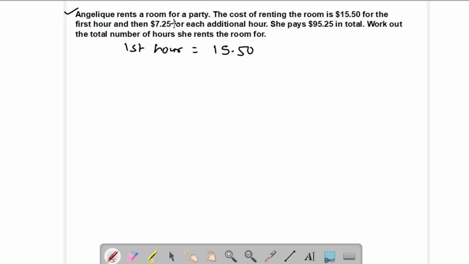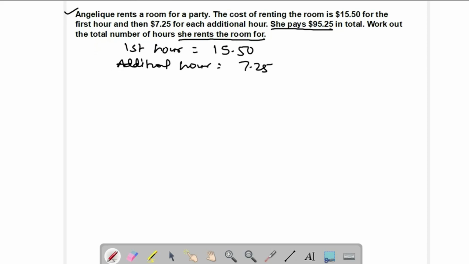But then for each additional hour, she has to pay $7.25. That means additional hour is $7.25. She pays total to the hotel $95.25. Work out the total number of hours she rent the room for.